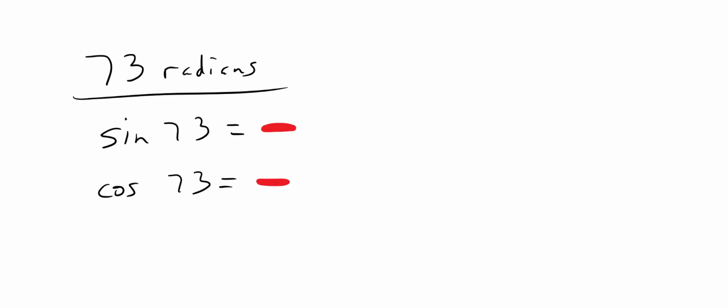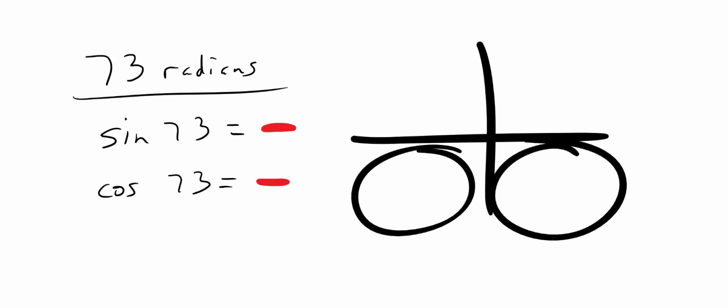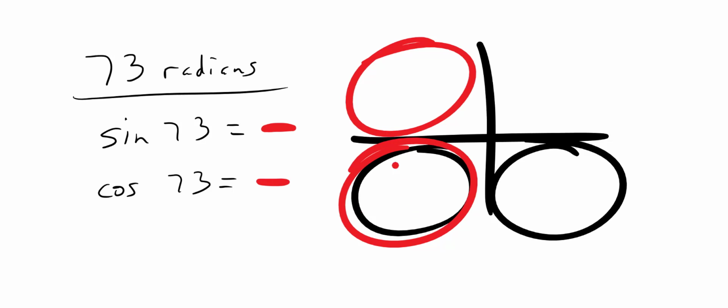So I know that I have to figure out where sine is negative. Well, sine's negative here and here. And where's cosine negative? Cosine is negative here and here. That means my answer is in quadrant 3.